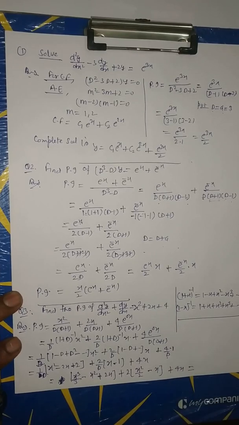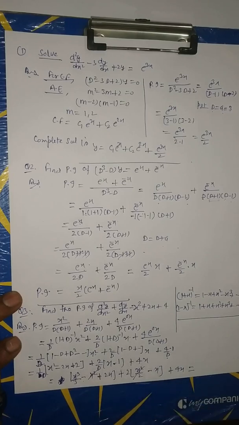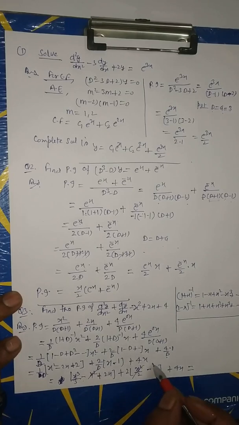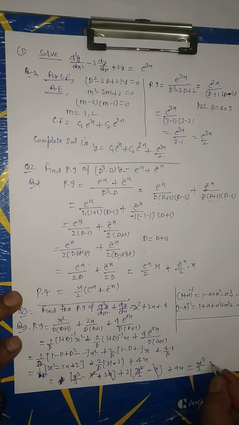This is equivalent to minus x square plus x square, cancel this. Minus 2x plus 2x cancel. Then we get the complete solution, that is PI of the question: x cube upon 3 plus 4x.